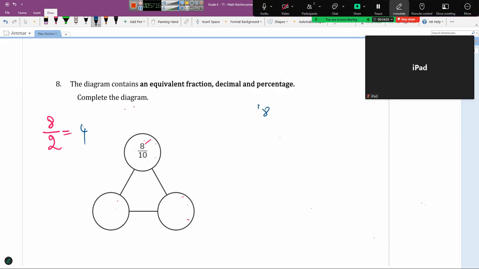Right, so 8 divided by 2. We have 4 twos in 8. This is how you should have done it. And can you try to obtain the answer for this sum? 8 divided by 3.